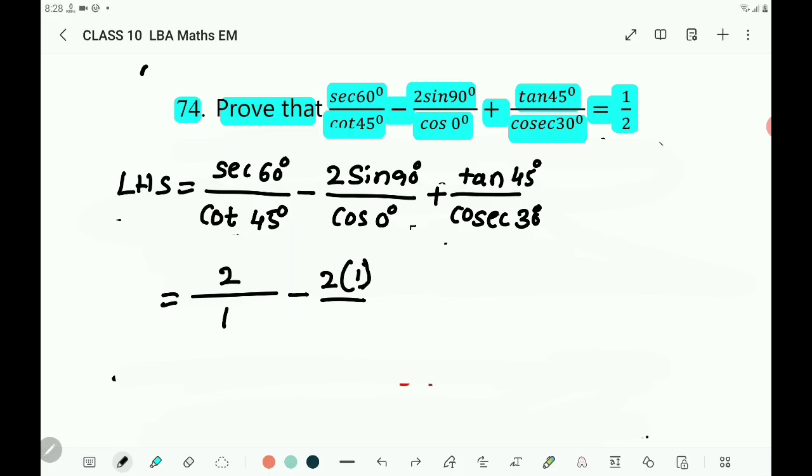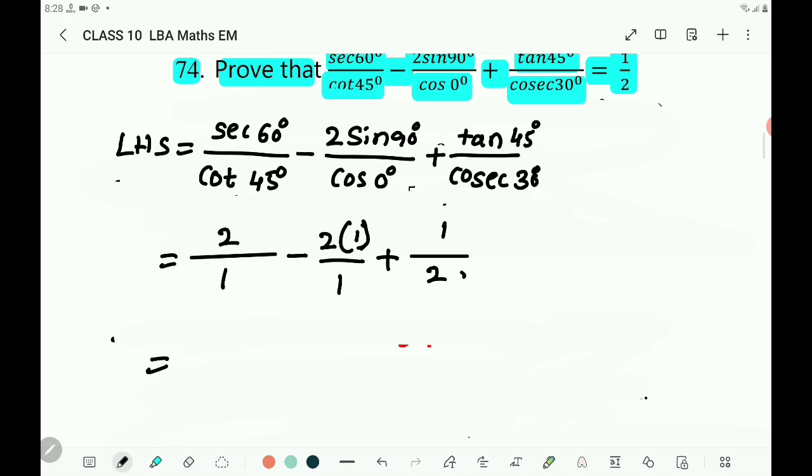Cos 0 is 1, plus tan 45 is 1. Cosec 30: cosec is the reciprocal of sin. Sin 30 is 1 by 2, so cosec 30 is 2.